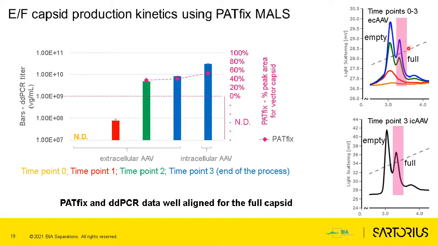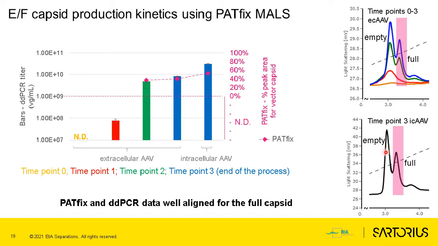So the transfection starts with the orange, and then after some time we take the sample, and you see that only empties are formed during more time of the process. Then the fulls are starting to be formed.